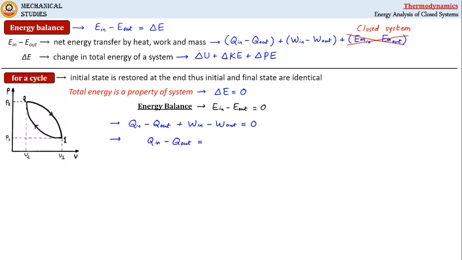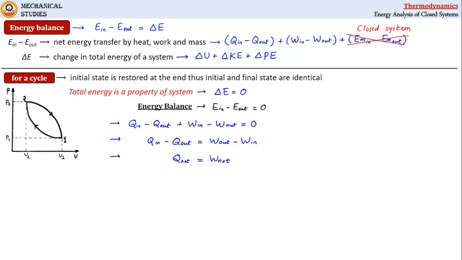This will be equal to W out minus W in. Okay, and that is further written as Q net is equal to W net.